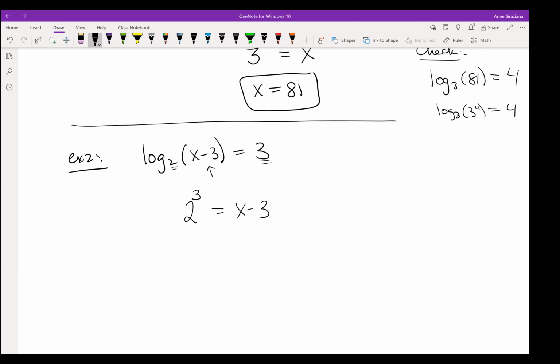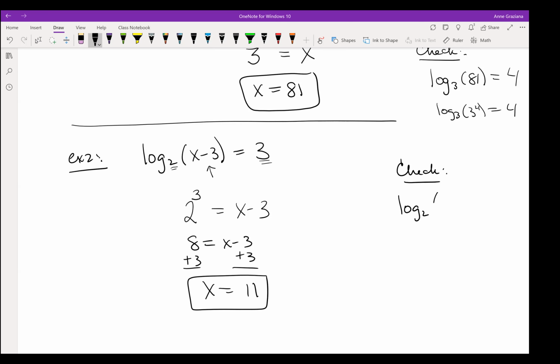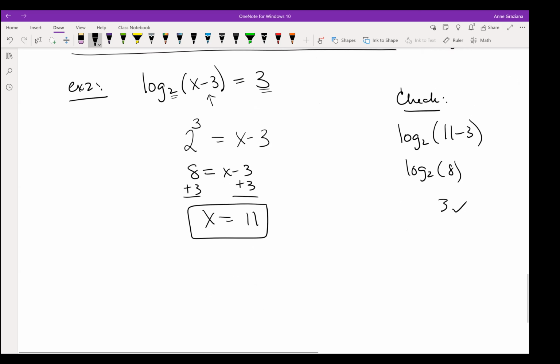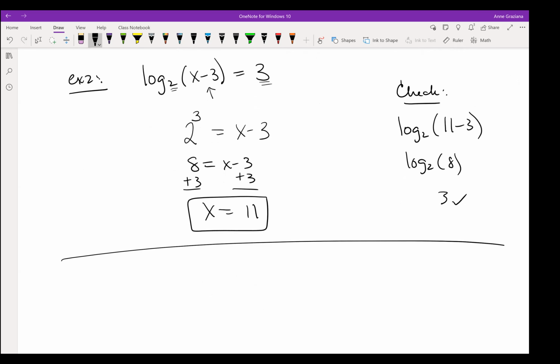All right. So here we go. This is going to be 8 is equal to x minus 3. Add 3, and you get x is 11. And again, it's easy to check. Log base 2 of 11 minus 3 is log base 2 of 8, which is 3. Okay. All right, here's one more.